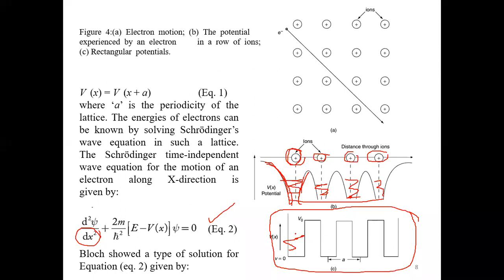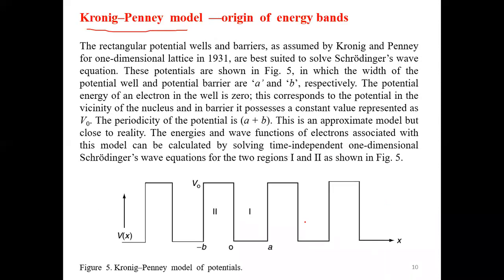You have two regions here: in some region the electric potential is there, and in another region the electric potential is not there.